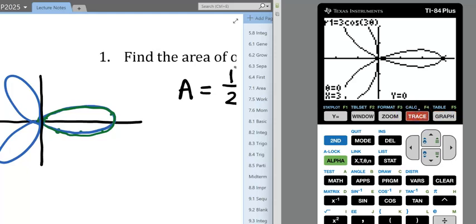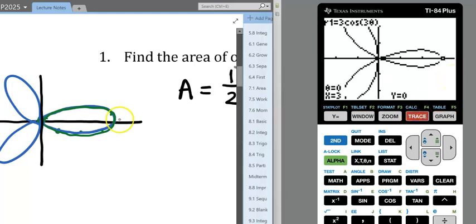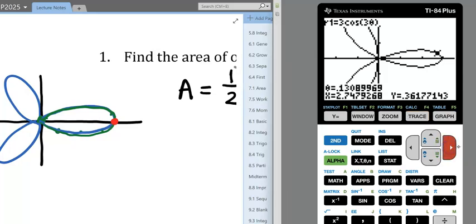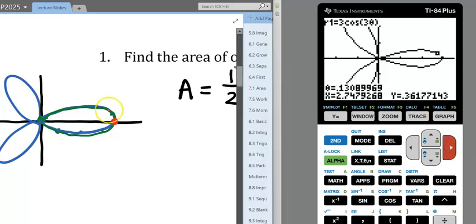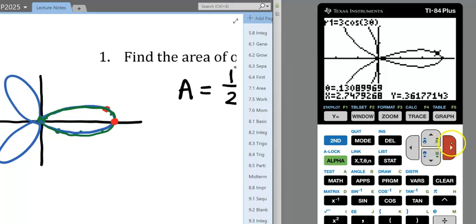So now when I hit trace, I can see that we start off, the first point that we get when theta is 0 is this point here, 3, 0. As we begin to toggle over, theta is then 0.13 and we're here. Remember, this is in terms of radians right now, so we're seeing fractional multiples of pi as these angles.